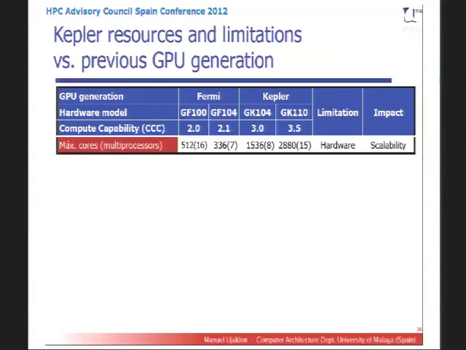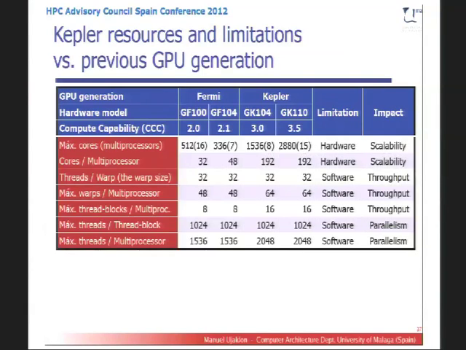Concerning the CUDA compute capabilities, you have 2.0 in the first version of Fermi, 2.1, and then 3.0 and 3.5. The number of processors is going to be 512, decomposed into 16 multiprocessors, and in the very last one you get 2880, decomposed, as we saw in the first picture, into 15 multiprocessors.